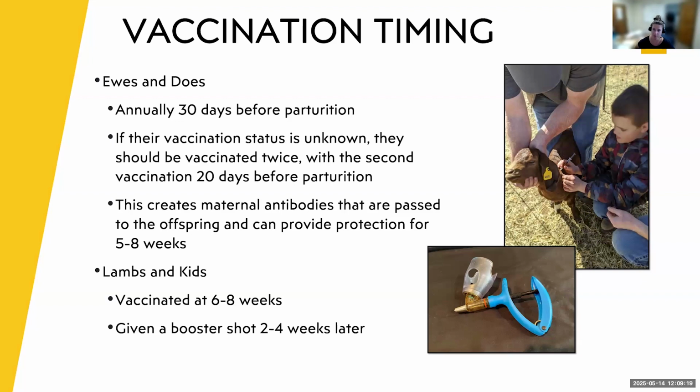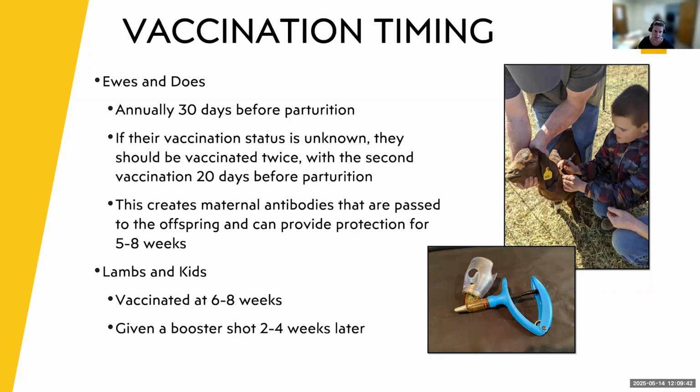That helps a lot with getting antibodies into the colostrum for passive immunity passed on to their kids and lambs. This vaccination timing especially creates those maternal antibodies that are passed into the offspring and can protect them for up to 5 to 8 weeks during that very critical time of their development.